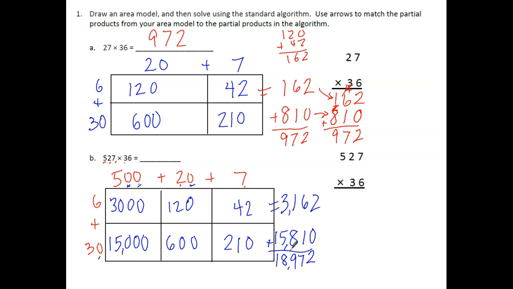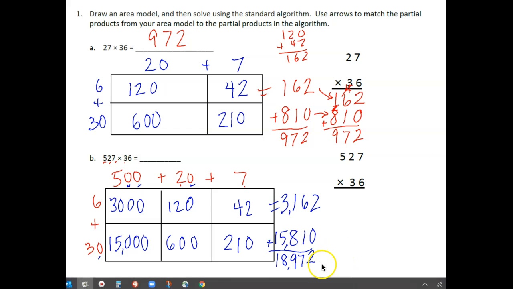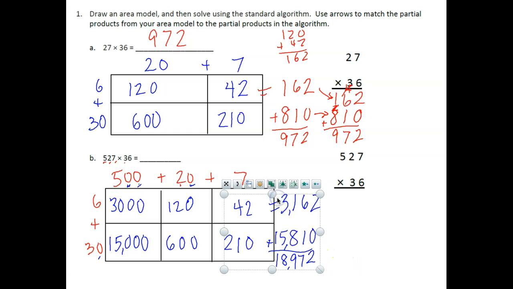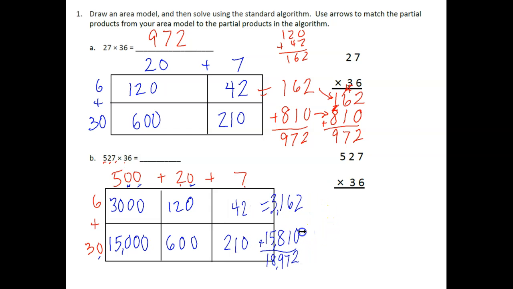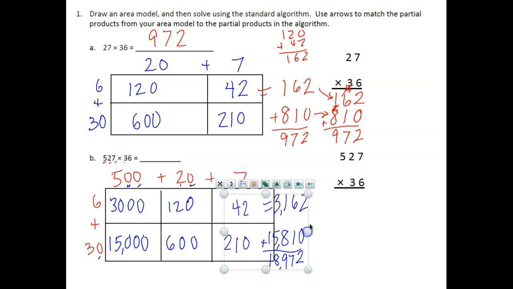All right, let's take a look at what the standard algorithm would look like. So I'm going to just shrink this down just so I have a little more room here. All right, so we have 7 times 6 is 42. Regroup my 4 tens.